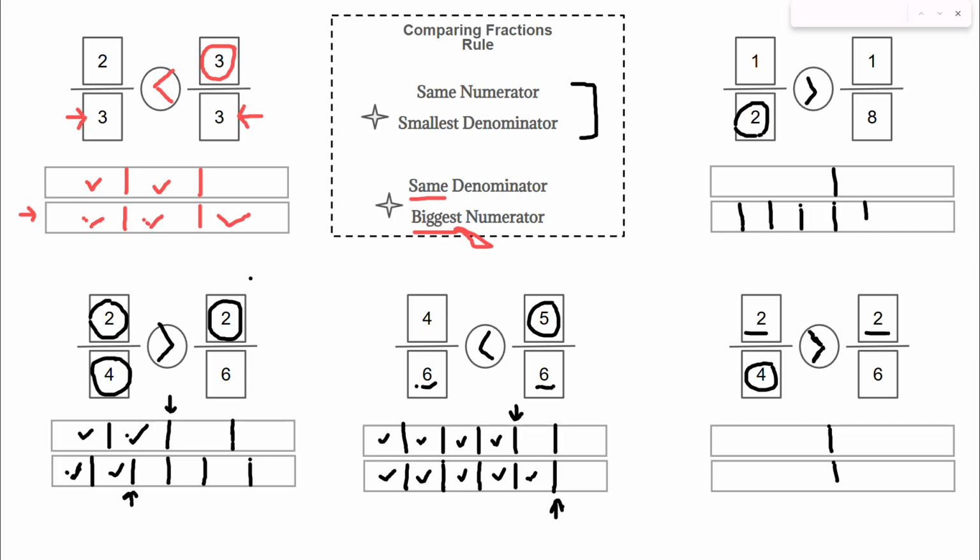Again, does not have to be perfect. You just have to try your very, very best. Okay, so this whole entire thing is 1/2. And this is 1/8. It is very obvious here that 1/2 is bigger than 1/8.